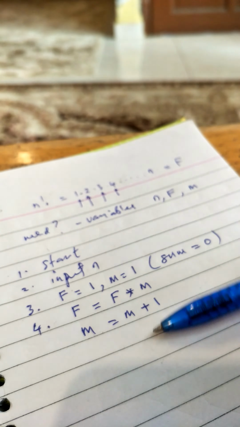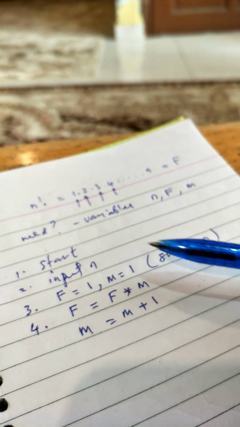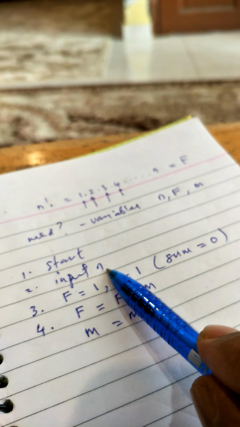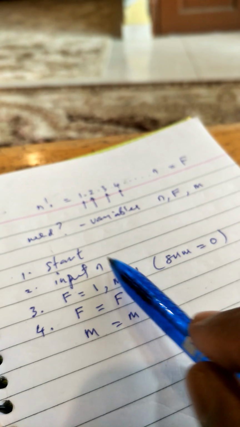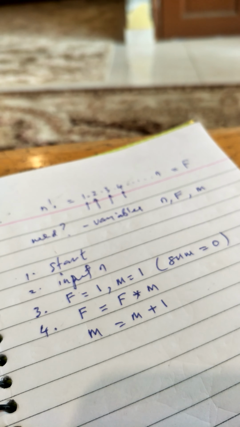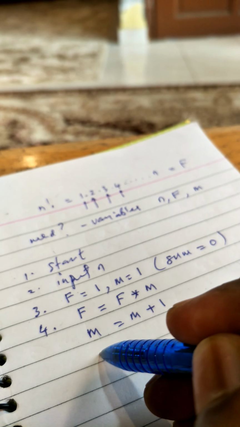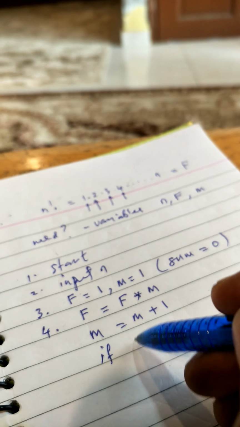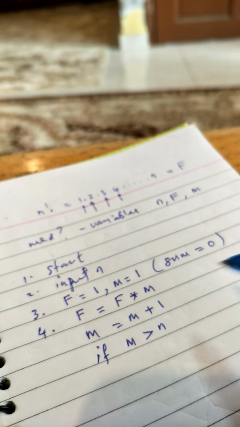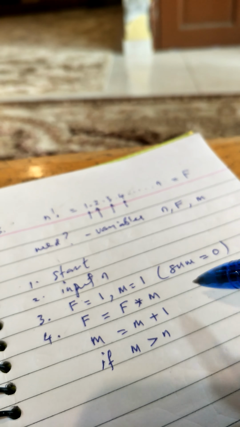So if you can see here, then we need to do a test. What test? That m cannot be greater than n, because we want to find n factorial. Then if m is greater than n, then we print the output.